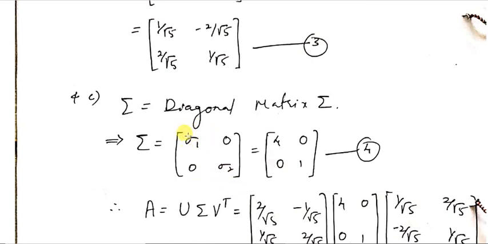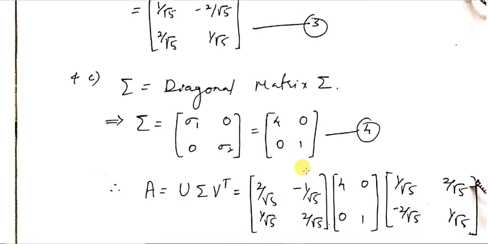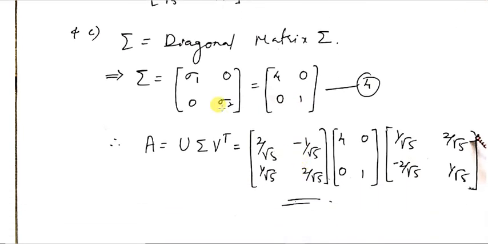So singular values we have computed from the eigenvalues, that is 4 and 1. Therefore, sigma is equal to [4, 0; 0, 1]. Now, therefore, A is equal to the product of three matrices U, sigma, V transpose. Therefore, the matrix A is decomposed into the three matrices, which is called the singular value decomposition.